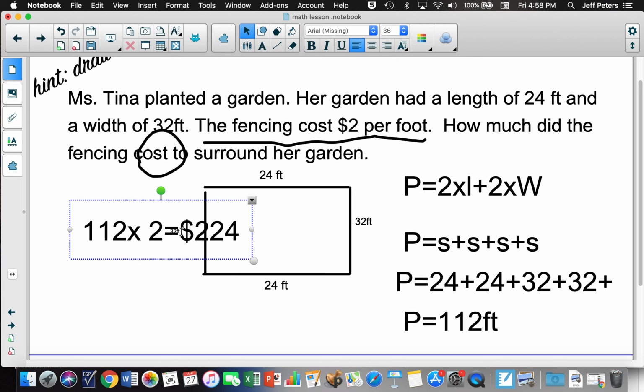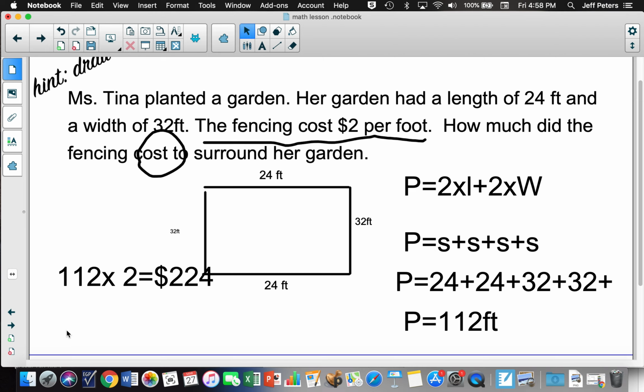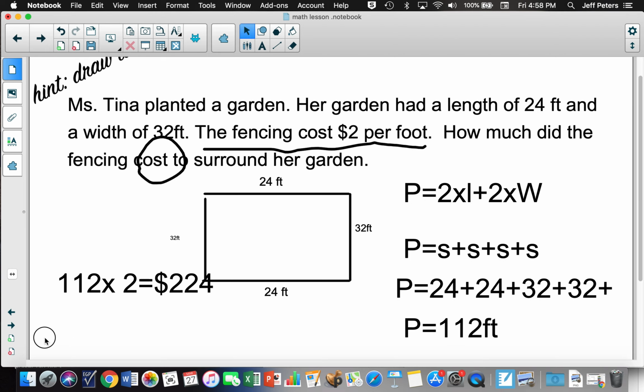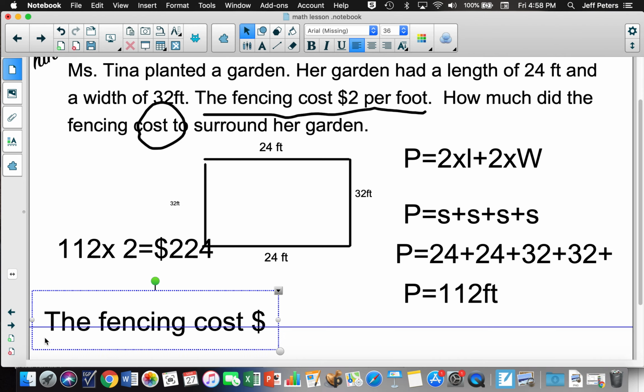Just like before, we're working with dollars, so it's $224. And finally, let's go ahead and put that into a sentence. The fencing cost $224.